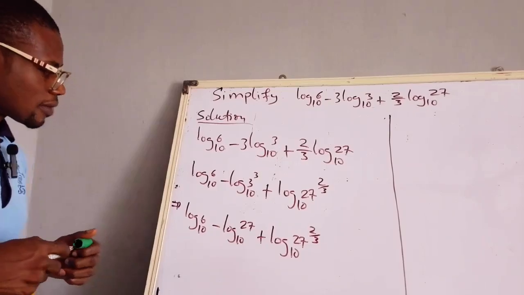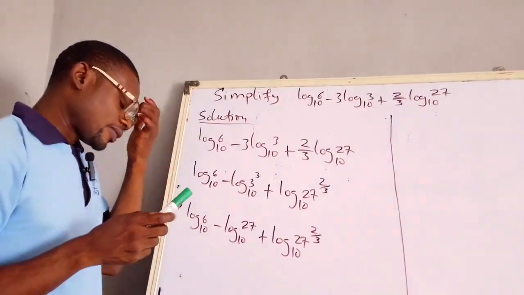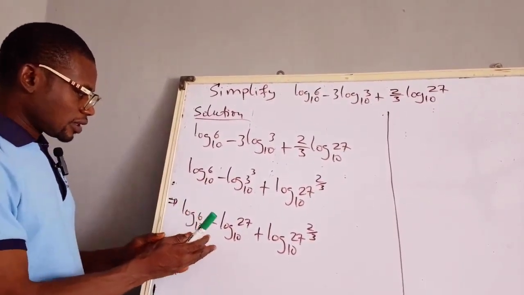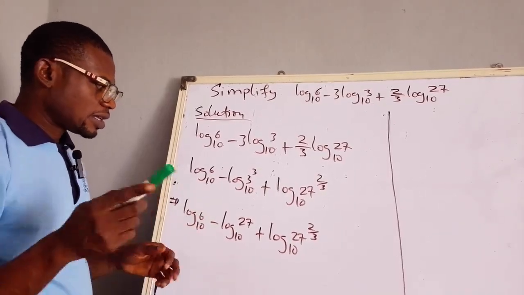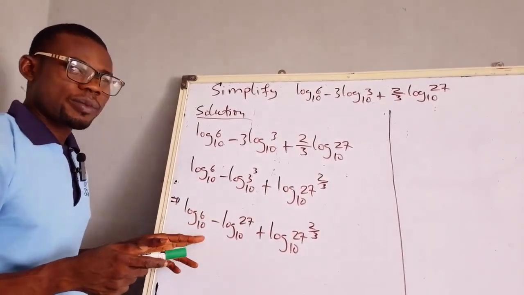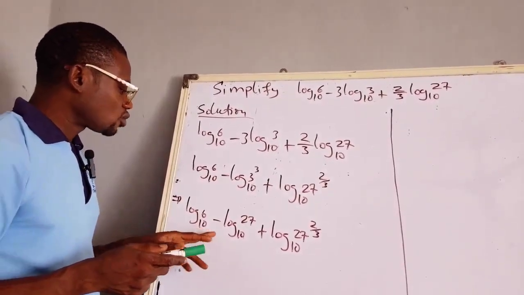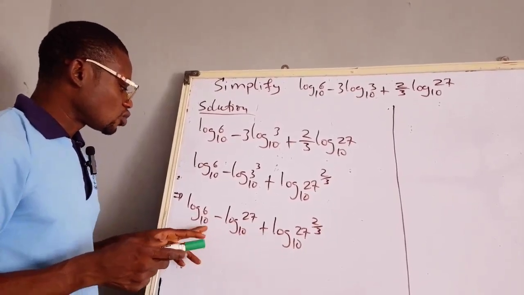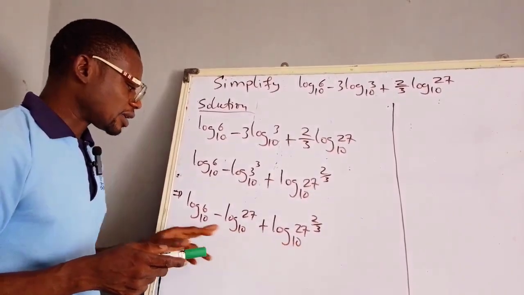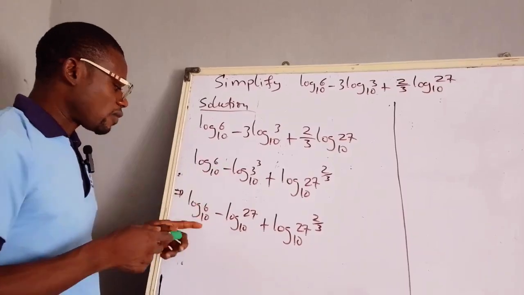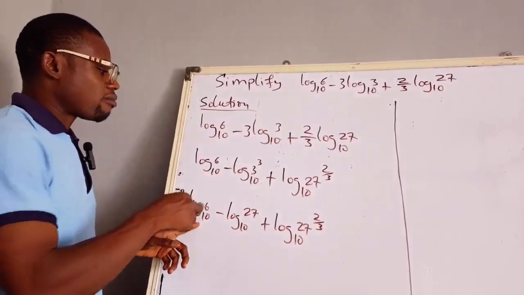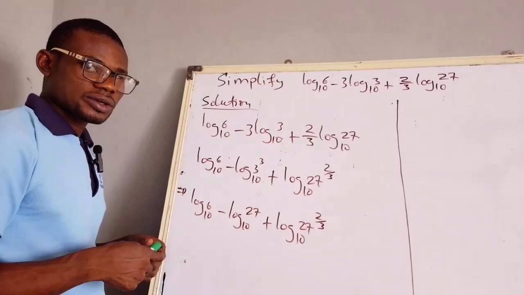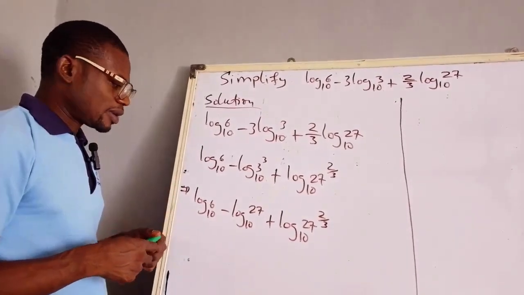Then the next thing, I hope you're following this one step after the other. Very simple. Now, having gotten it this way, there is a law in logarithm, we call it the product law, where if two logs having the same base are adding themselves, we pick one of the logs and multiply their powers, or you call it their exponent.